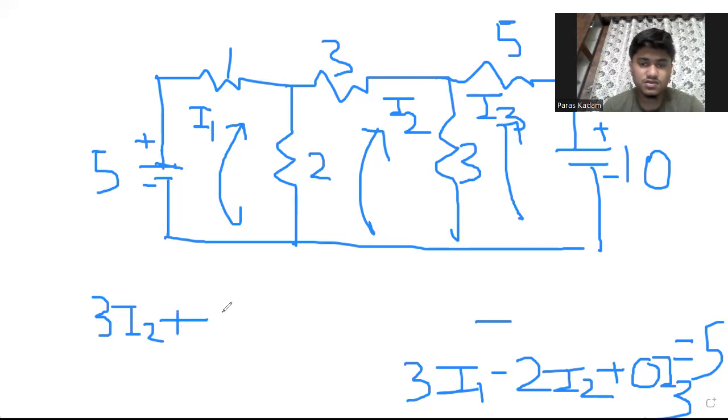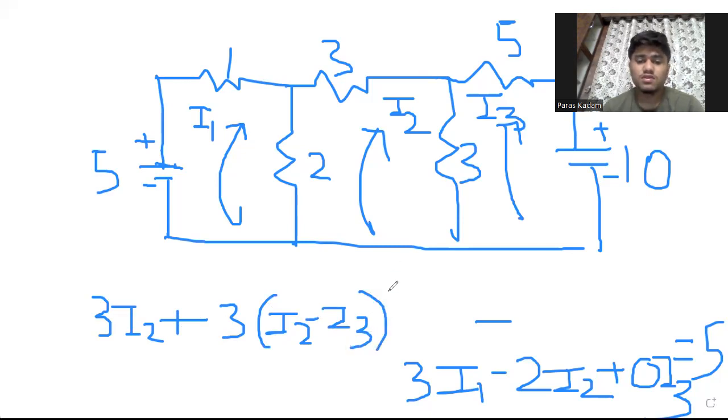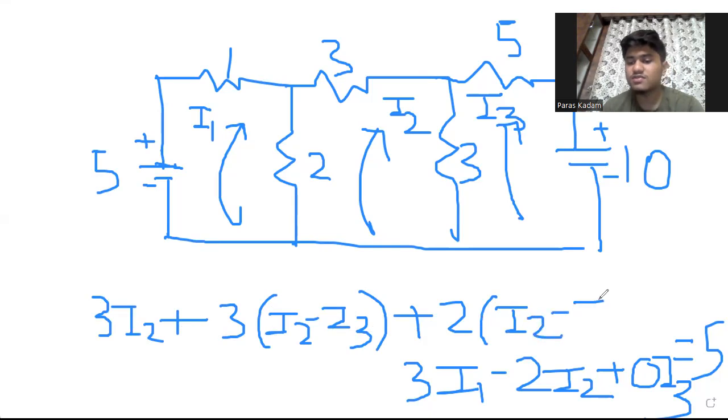So plus 3 into I2 minus I3. Plus 2 into I2 minus I1, because I am considering the second mesh, equal to 0, because there is no voltage source in this mesh.